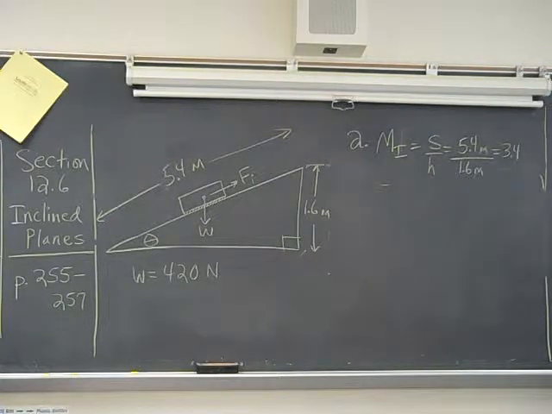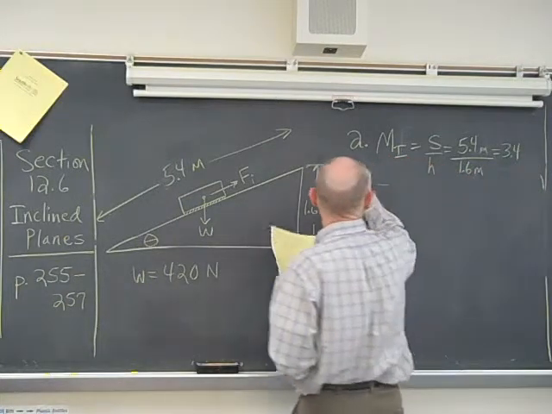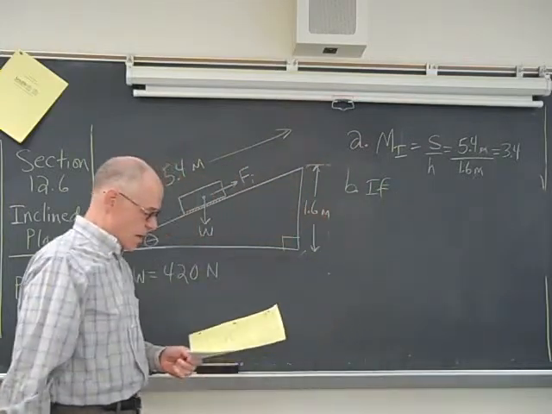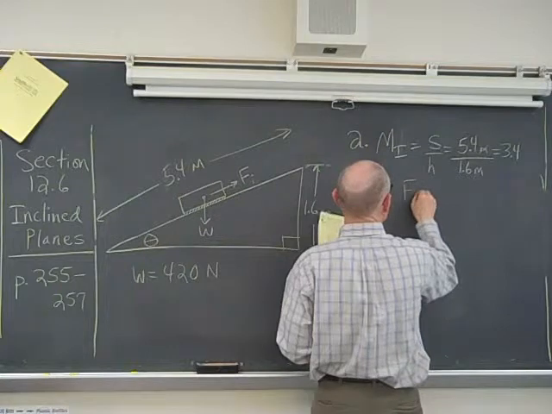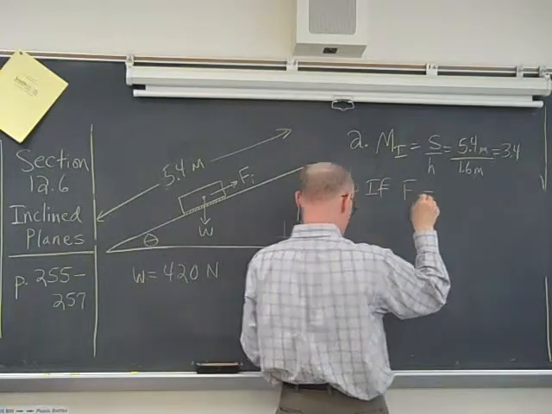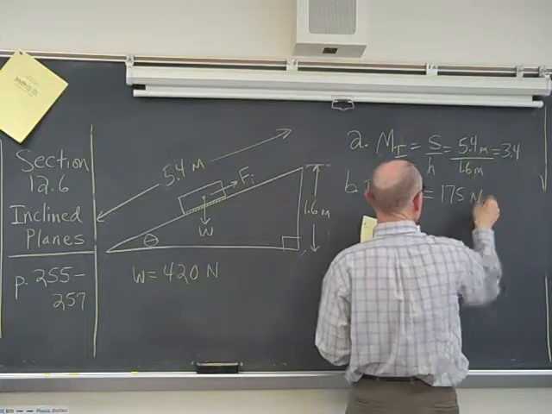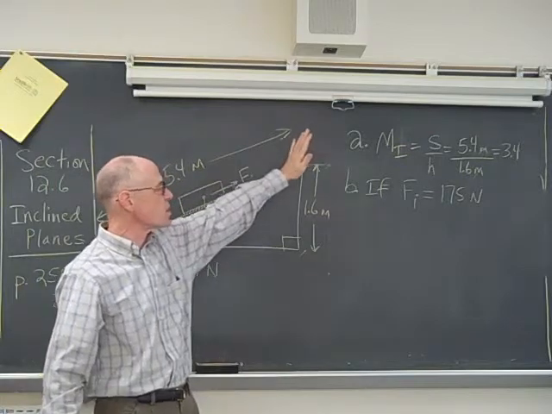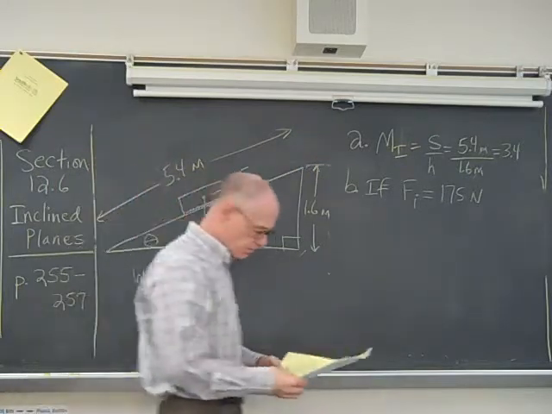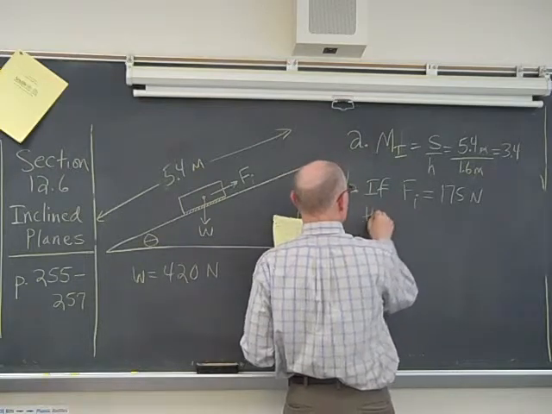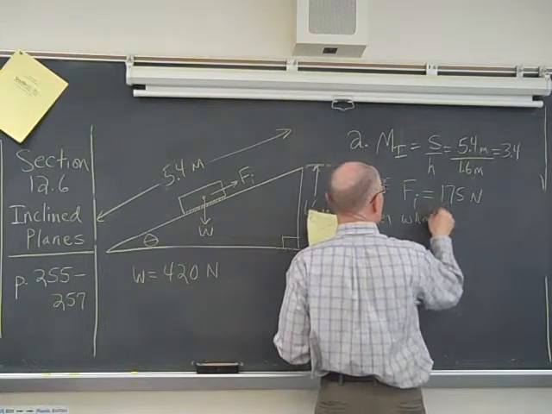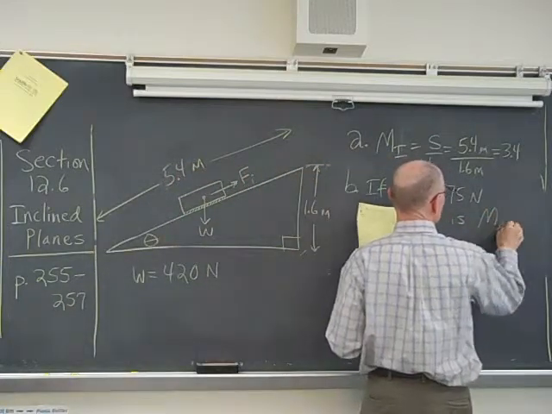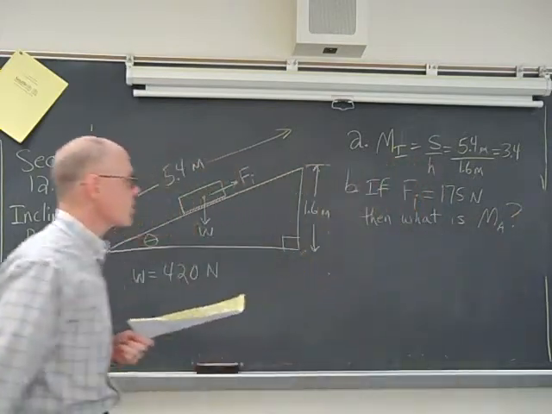And another question you might be asked is, if the input force is equal to 175 newtons, in other words, if it takes a force of 175 newtons to push this object up the ramp, then what is your actual mechanical advantage, which is based on forces?